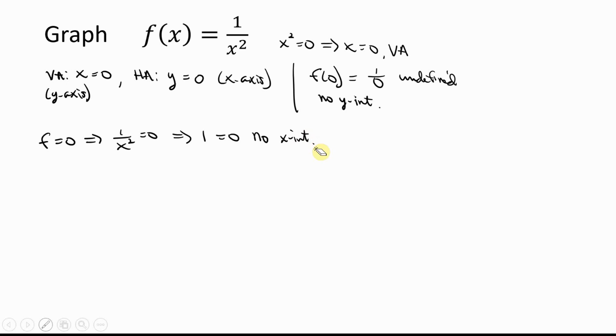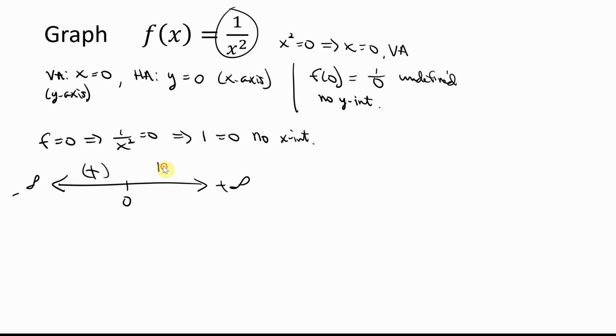Partition a number line based on these x values. The number line goes from negative infinity to positive infinity. Well, those critical x values are the x-intercept. Well, I'm sorry, the vertical asymptote. There is no x-intercept, but we get the vertical asymptote is x equal to 0. Now this graph is always positive. Look, 1 is positive forever, and x squared is always positive. So you can check the points you want, but you're going to get positive values always.